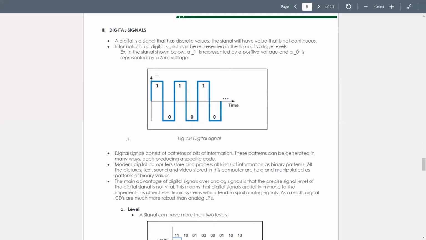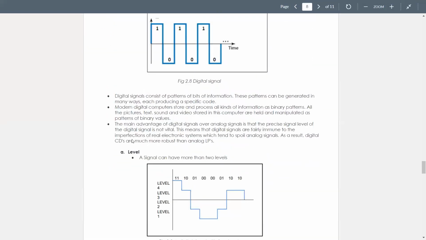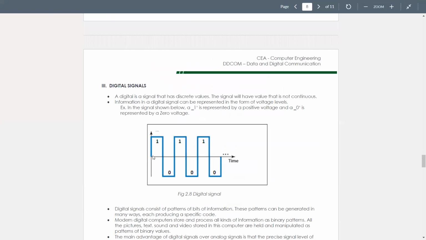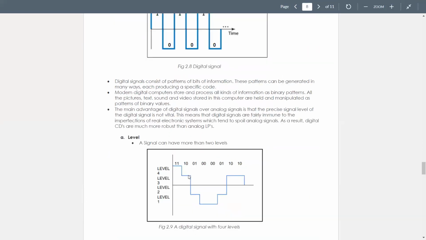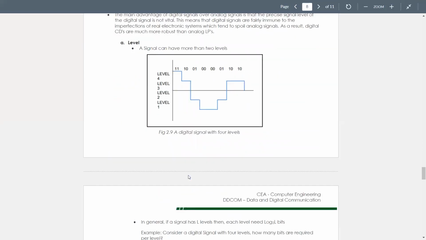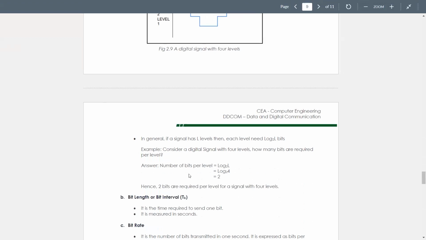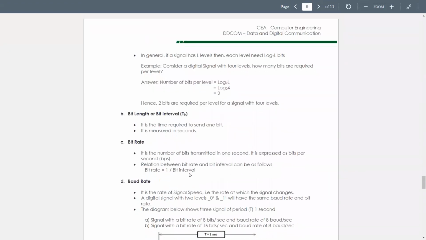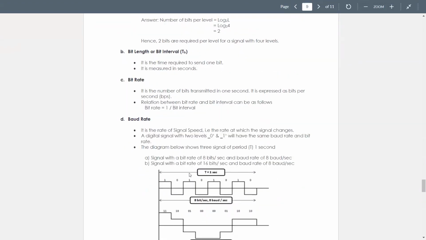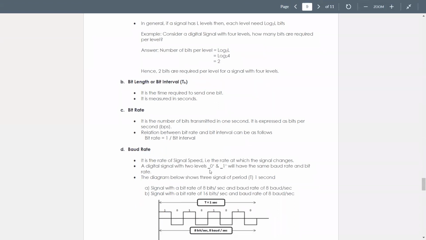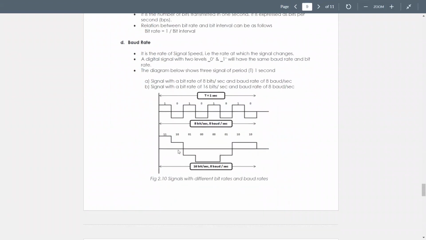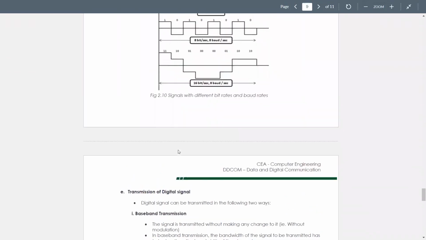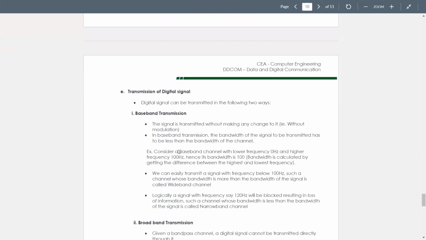Another one is digital signals. It's very obvious, because in a digital signal there are only zeros or ones. We will have more on this in your DSP, especially the computations, the actual transformation of signals.